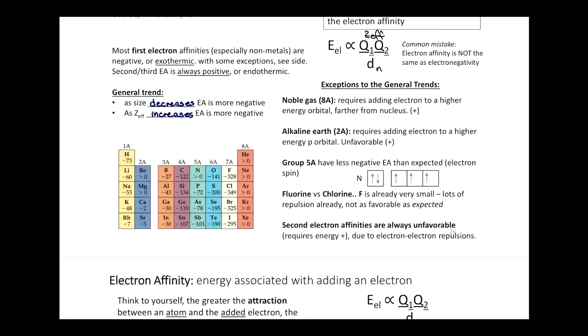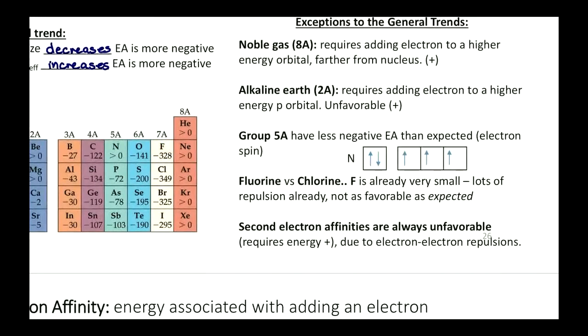Group 5A, similar to ionization energy, is reasonably stable, so adding an electron, we would have to put its spin down. It actually costs us a little bit more energy, or we get less energy back than typical for group 5A elements.